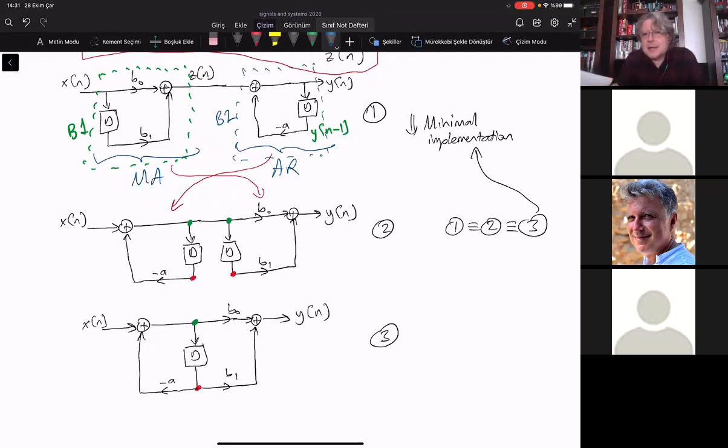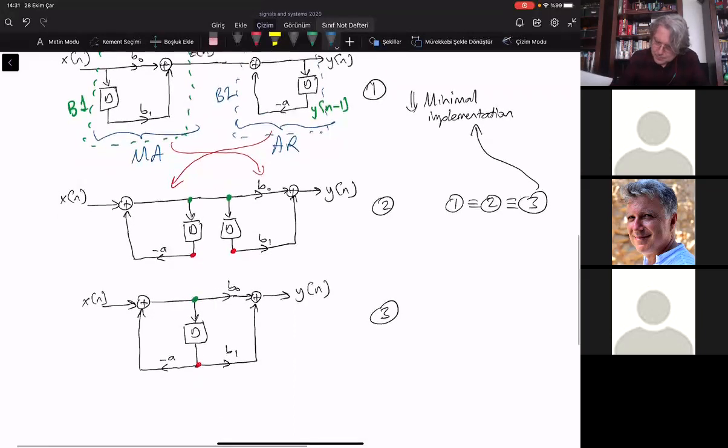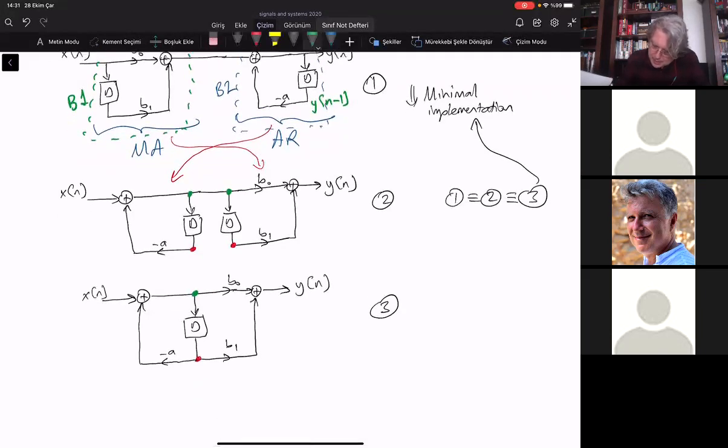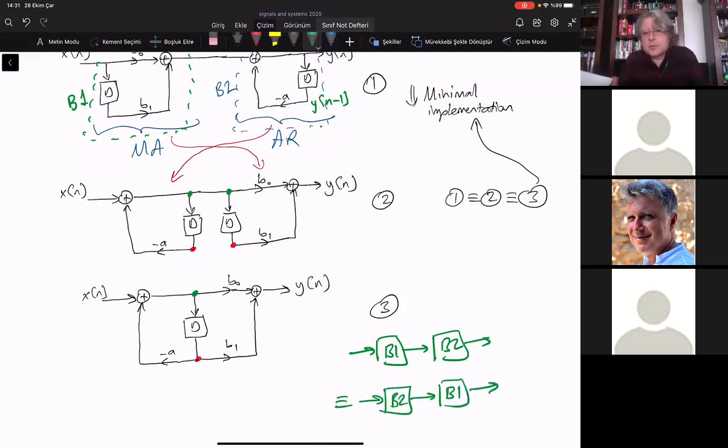Block 1 is an LTI system, a linear and time invariant system. It's moving average. Block 2 is also an LTI system. It's autoregressive. So I can interchange their places and the whole system does not change. What I'm saying is the input to block 1 to block 2 to the output is the same as the input to block 2 then to block 1 then to the output.